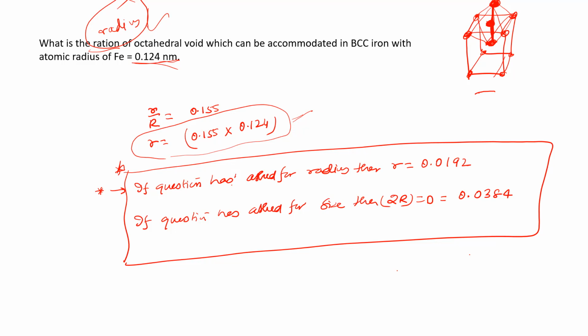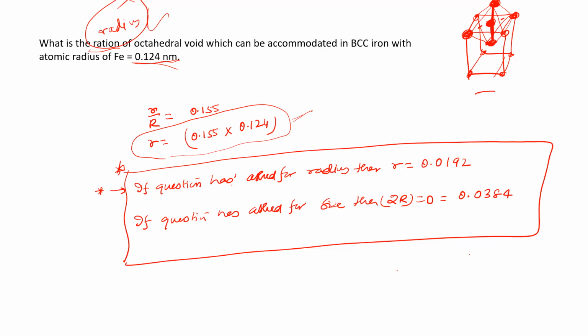how much will this be? Because you see, these three will be in contact, but these atoms will have some gap in between, because this is a BCC, so the face atoms are not in contact.